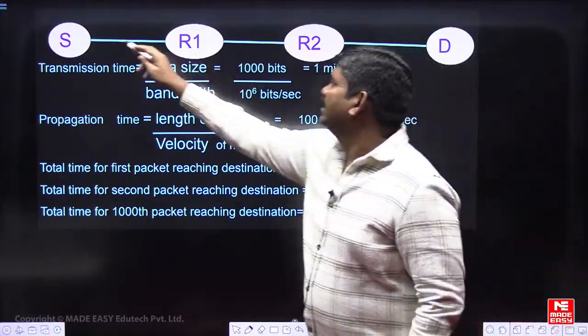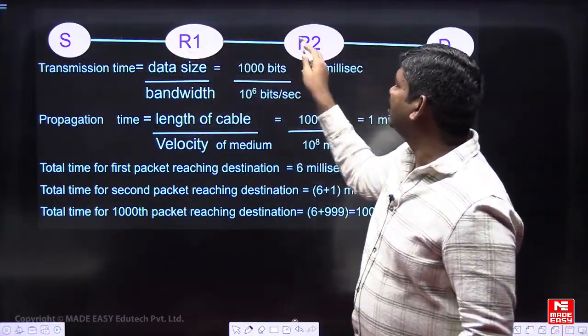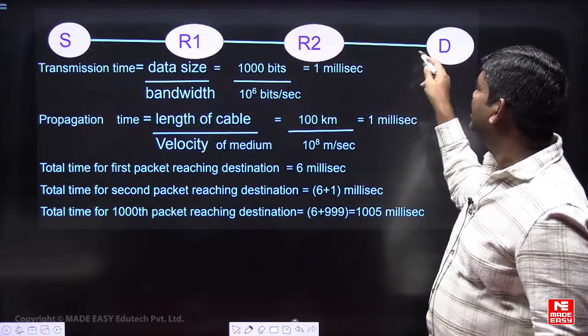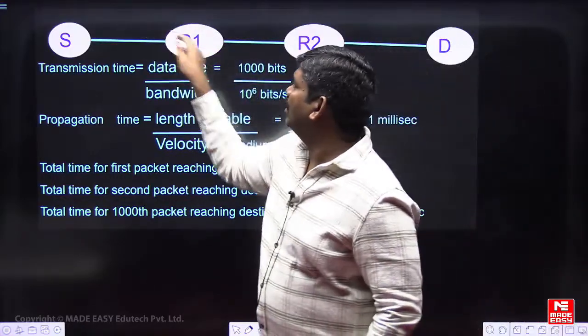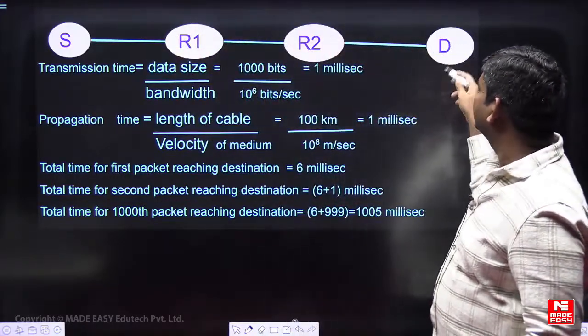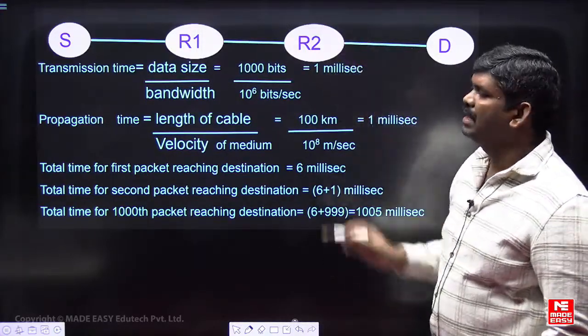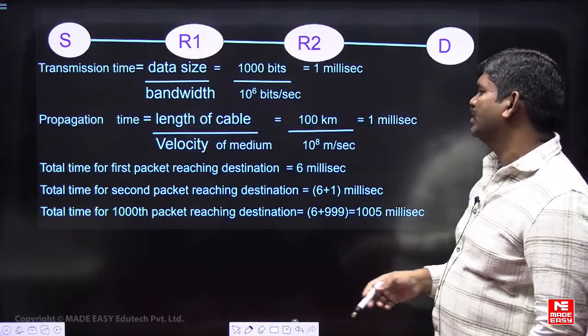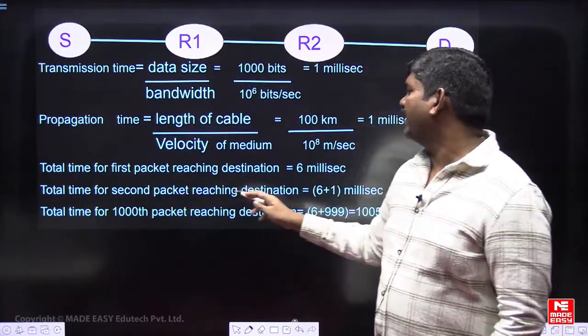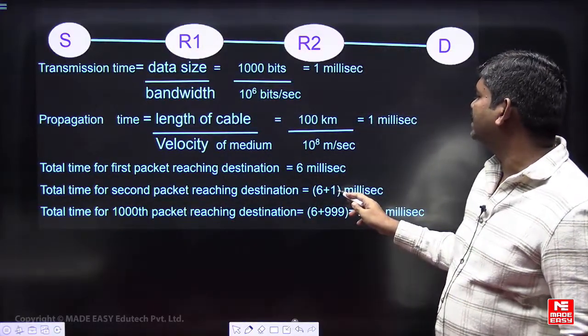You see transmission, propagation, transmission, propagation, transmission, propagation. So 1, 1, 1, 1, 1, 1. In 6 milliseconds, the first packet reaches here, and it follows synchronous pipelining. The time for the second packet to reach the destination is 6 plus 1. Why 6 plus 1?